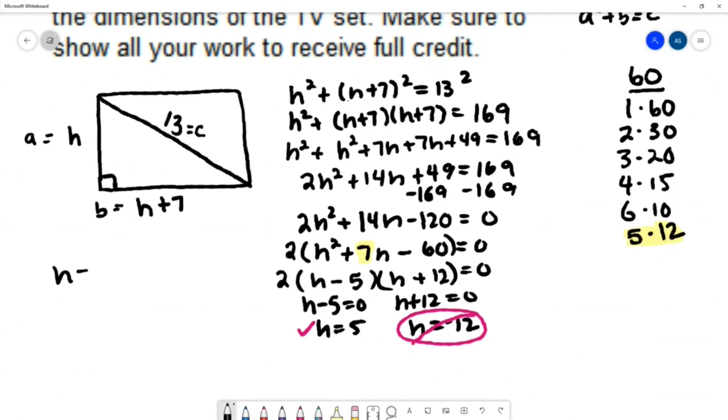And if the height is 5, that means that the length, h plus 7, will be 5 plus 7, that's 12. So we get the dimensions being 5 inches by 12 inches.